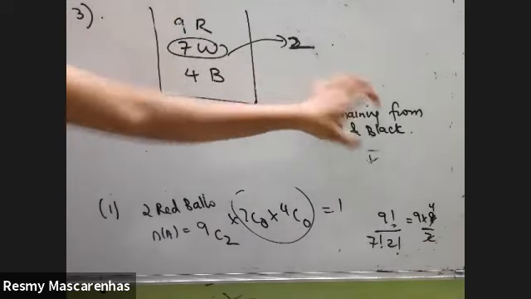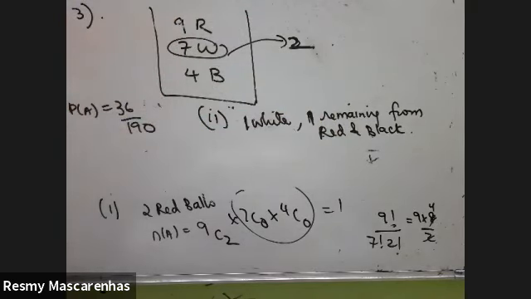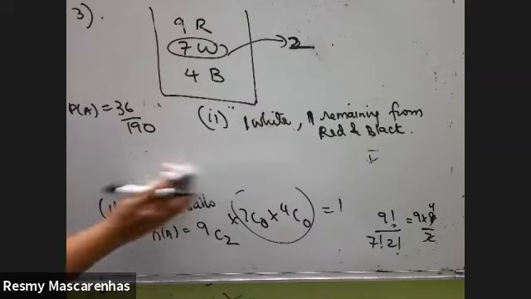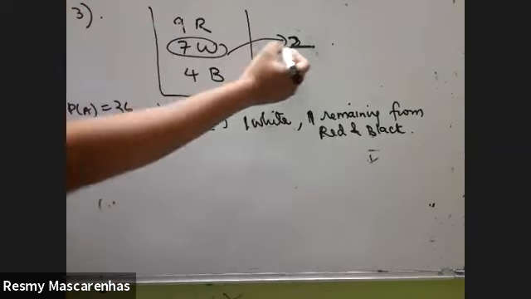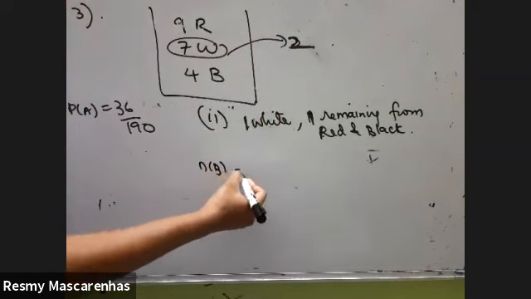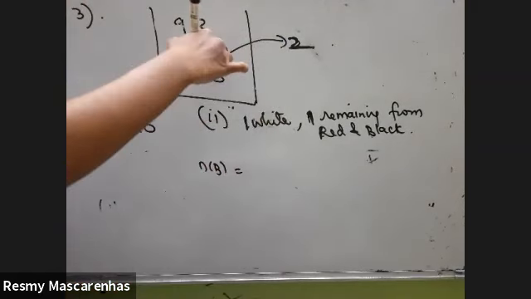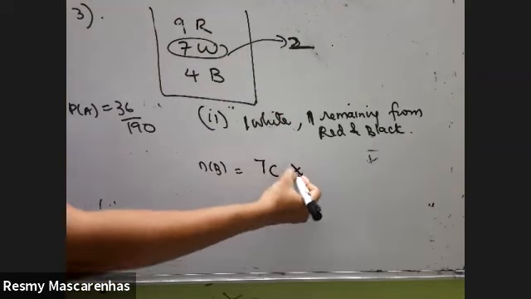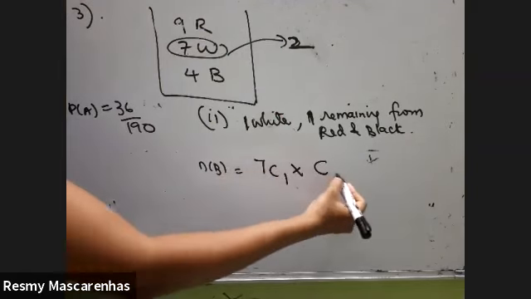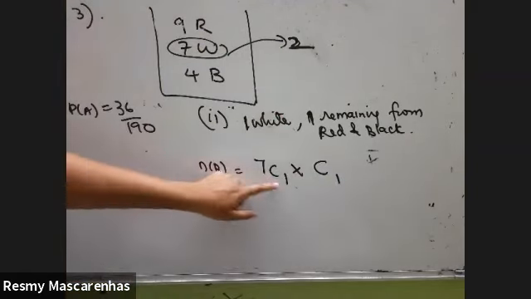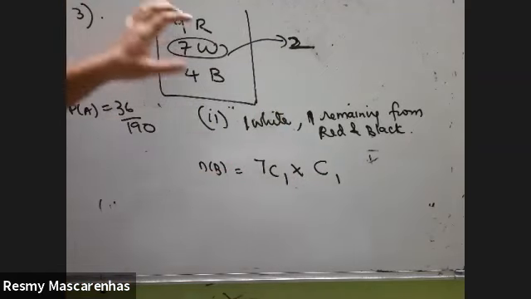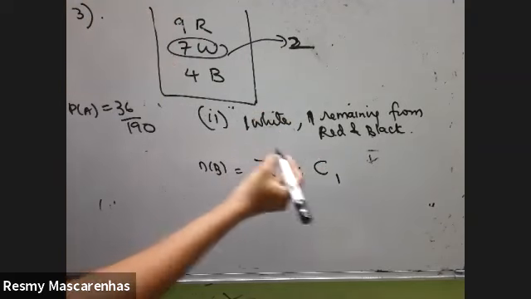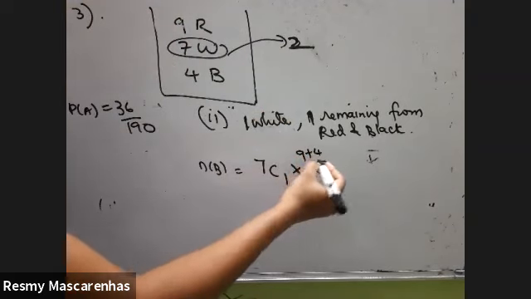Okay, remaining out of this. So one white means how much it will be? 7C1 into the remaining one. Okay, one I'm picking up white from 7 white balls. This remaining one could be from this or this. So what is that? 9 plus 4.